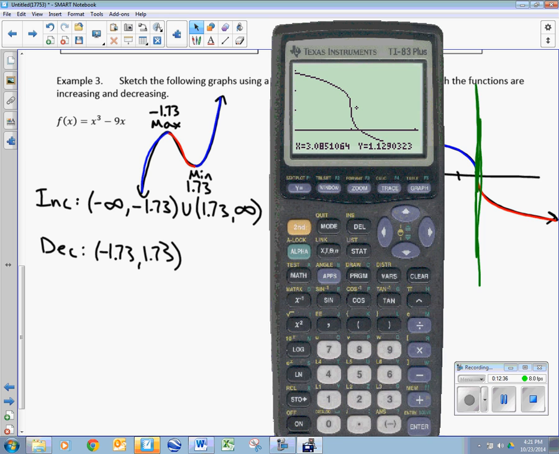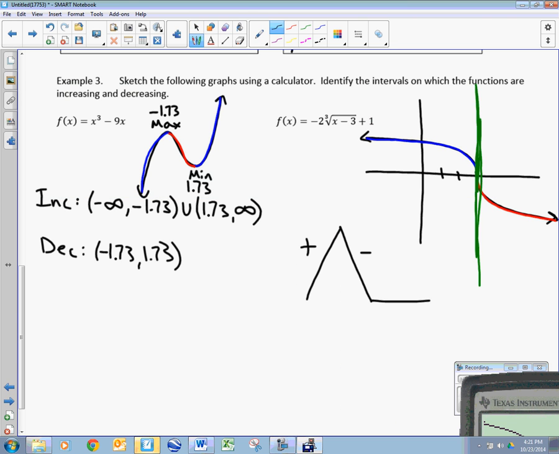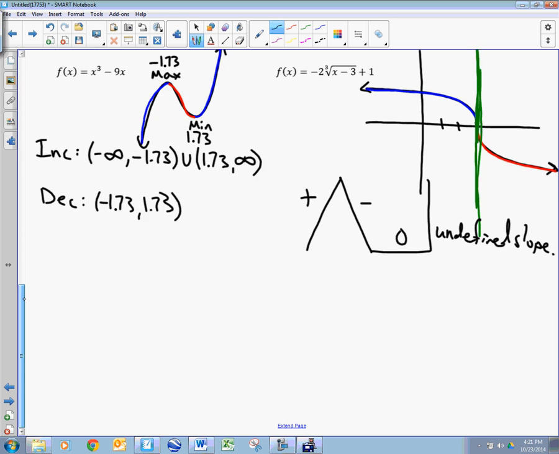And the question is, what is the slope of a vertical line? Maybe you remember this. That line is positive, that line is negative, that line is 0, but that line has an undefined slope. So not only is it neither increasing nor decreasing, it's not 0 either at that spot.